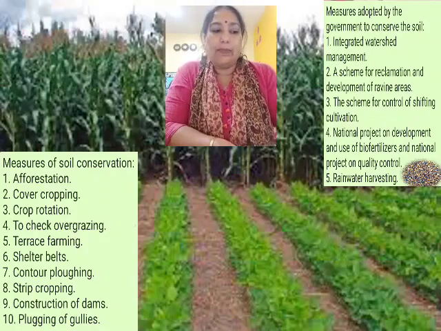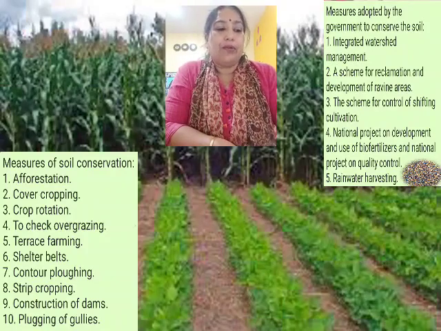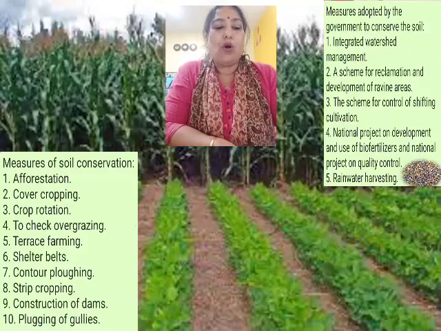Now, another point is a scheme for reclamation and development of ravine areas. Under this, you can write in Madhya Pradesh, Uttar Pradesh and Rajasthan, this scheme includes peripheral bunding to halt water further and afforestation of ravines for fuel, fodder and reclamation of shallow ravines.